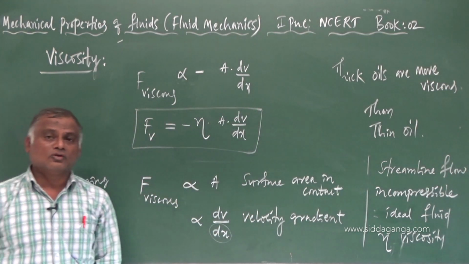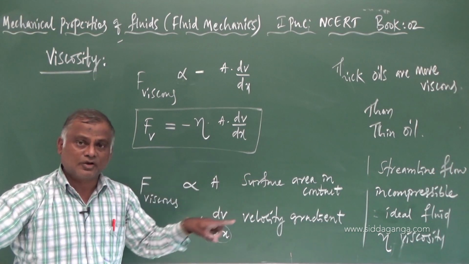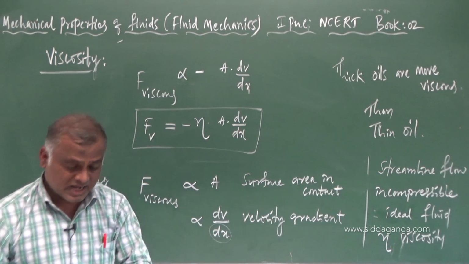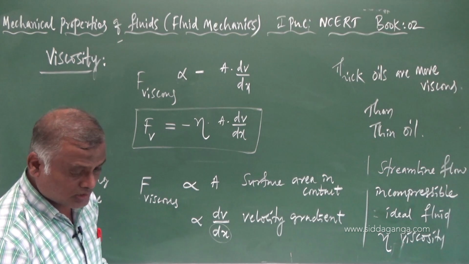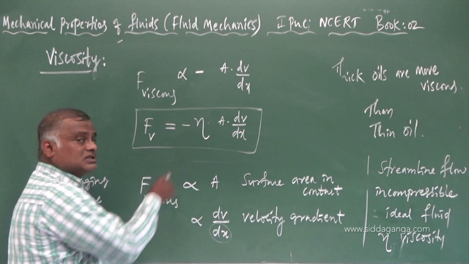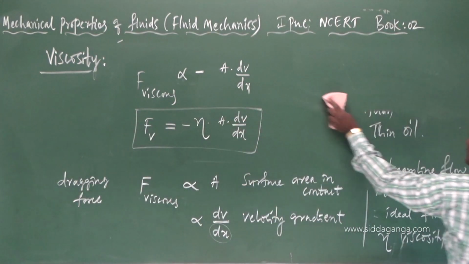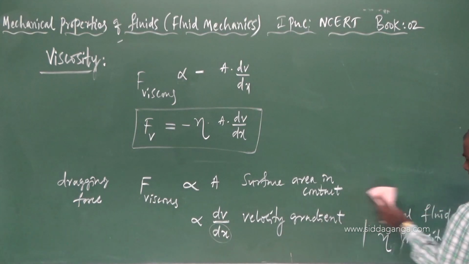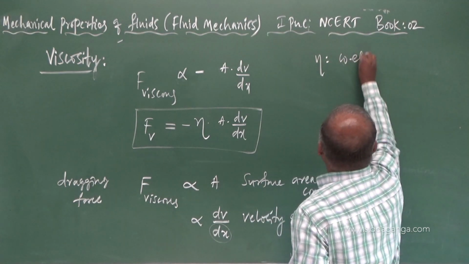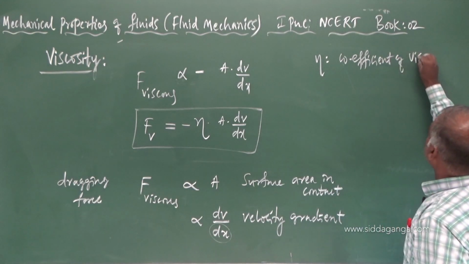Understand the formula correctly. What does A represent? Surface area of the fluid in contact. What does dV by dx represent? Velocity gradient. So with this, my dear students, can you define what this eta is? Eta, we call this the coefficient of viscosity.